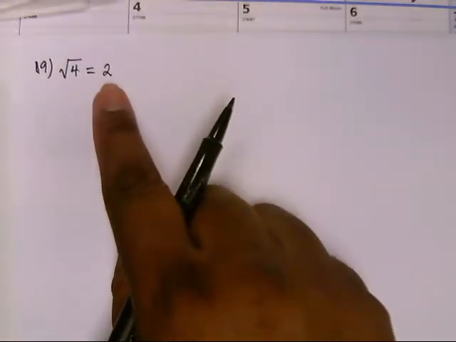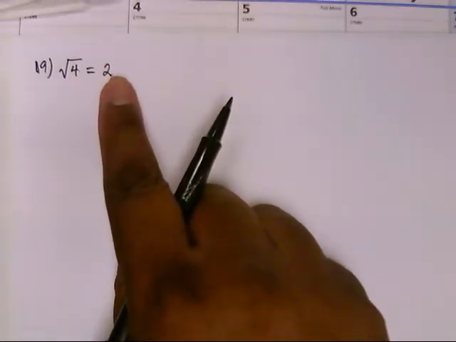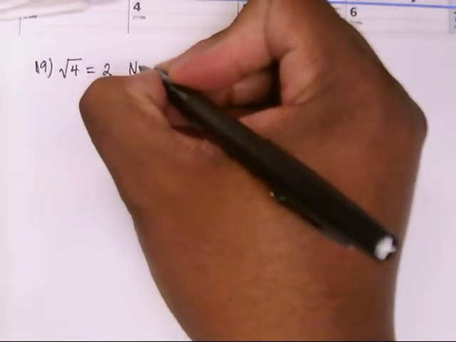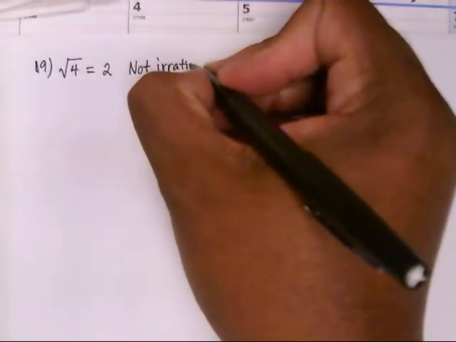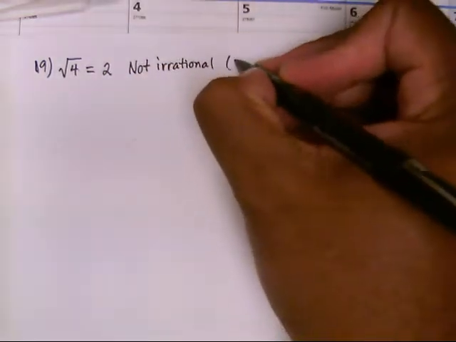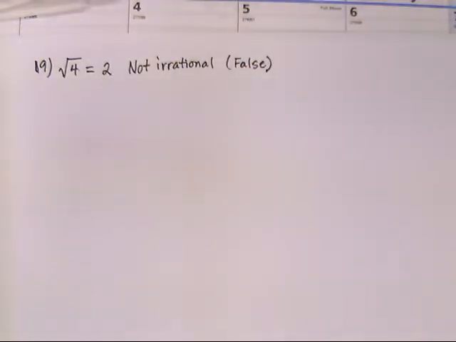This right here is a terminating decimal. Okay? So if it's not non-terminating, nor non-repeating, that means that this can't be an irrational number. So that answer there basically would just be false. It came out to be a rational number. Only irrational numbers have non-terminating, non-repeating decimals. That's it.